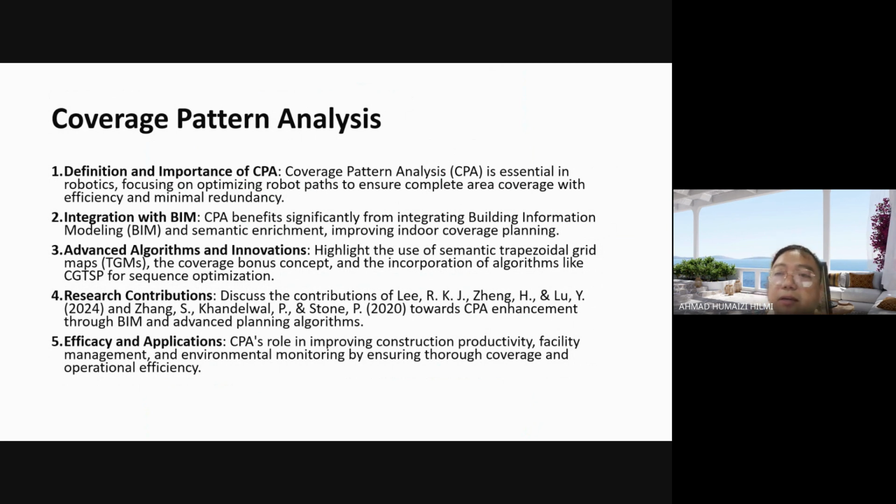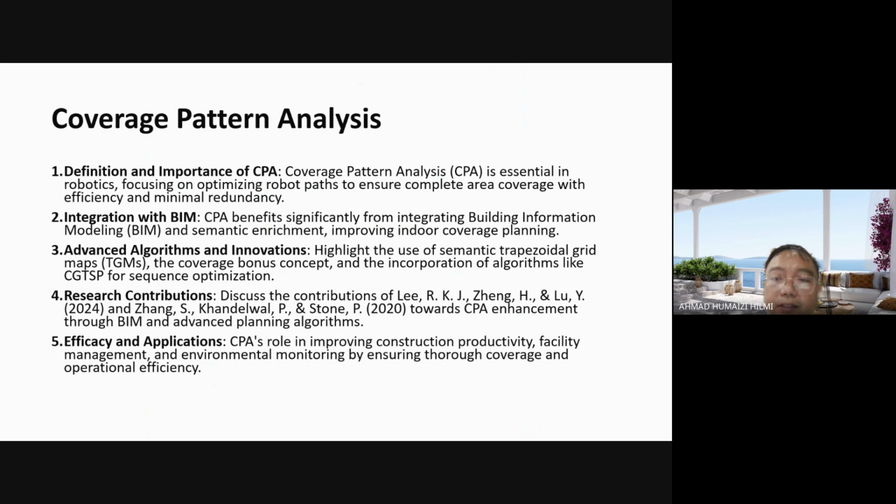Coverage pattern analysis revolutionizes how robots navigate and cover spaces. In simple terms, CPA ensures that a robot covers every inch of a designated area in the most efficient way possible, avoiding unnecessary repetition, so that tasks like cleaning, surveying, and monitoring are done thoroughly and swiftly.